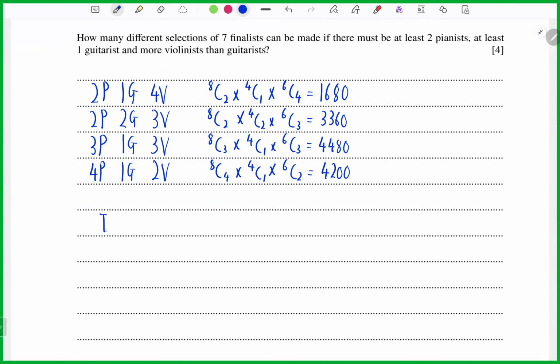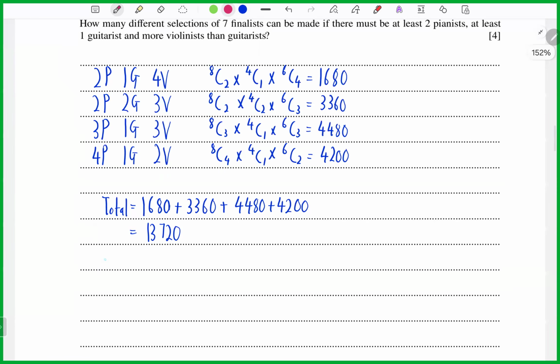You can write the total equals 1618 plus 3316 plus 4418 plus 4200. So you will get 13,720.